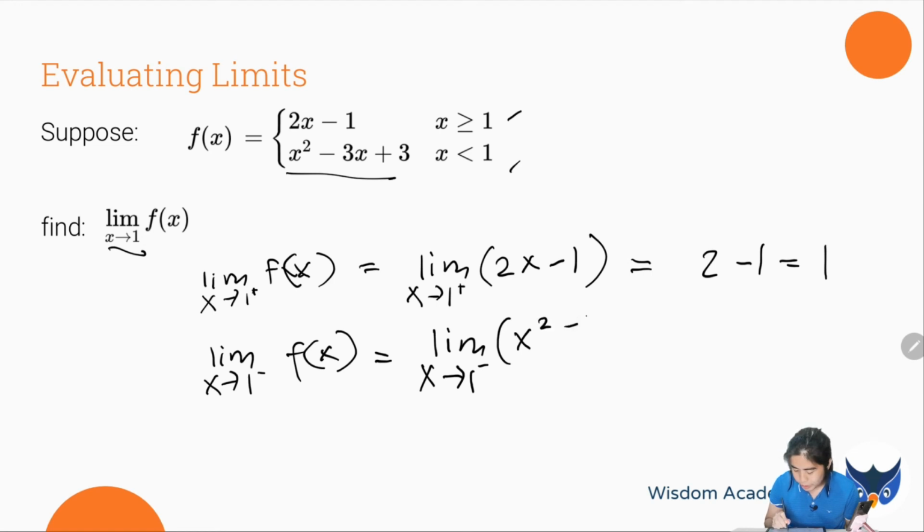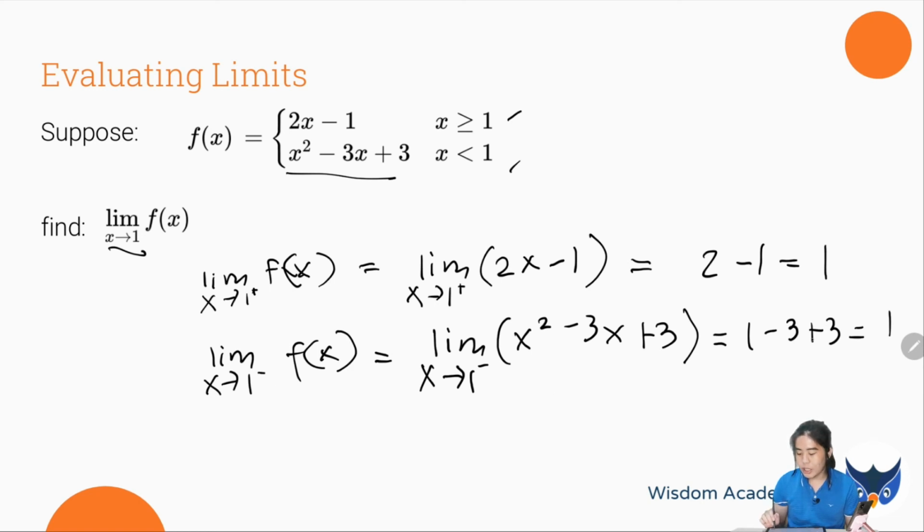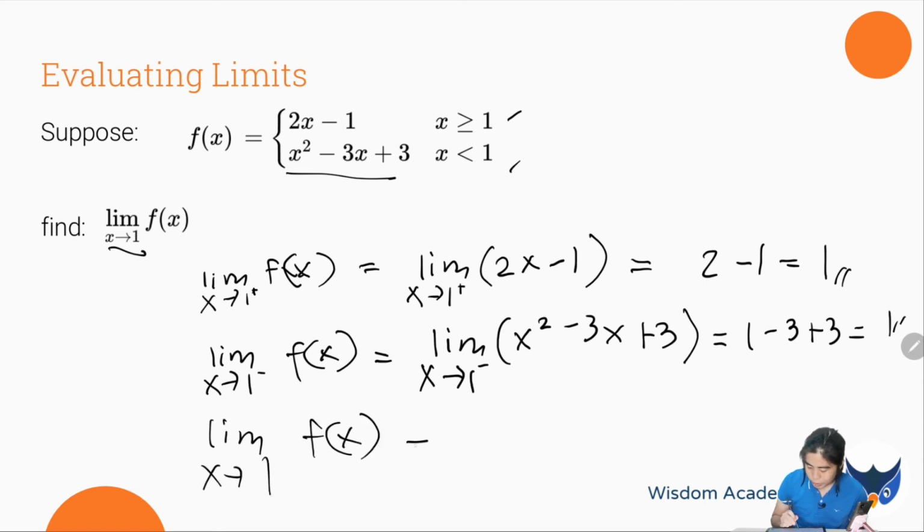So, x squared minus 3x plus 3. Equal siya sa 1 minus 3 plus 3, which is equal to 1. And since its one-sided limits are both equal to 1, then we can say the limit of f of x as x approaches 1 is equal to 1.